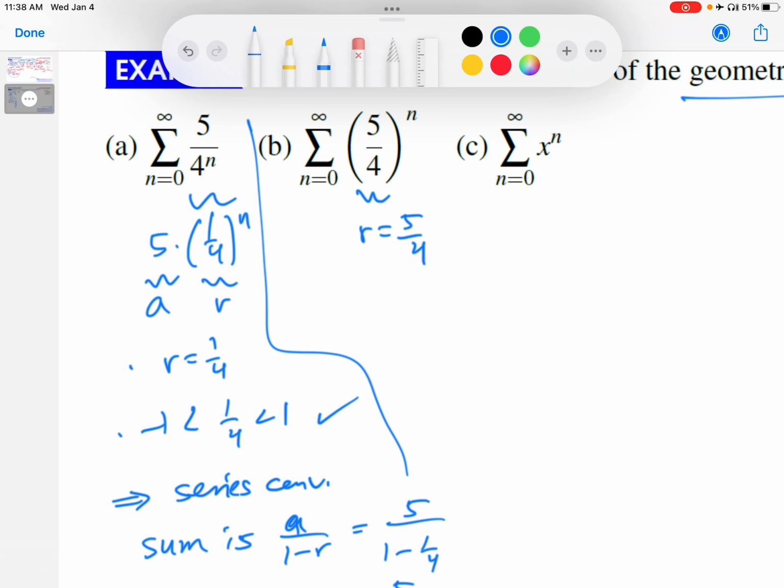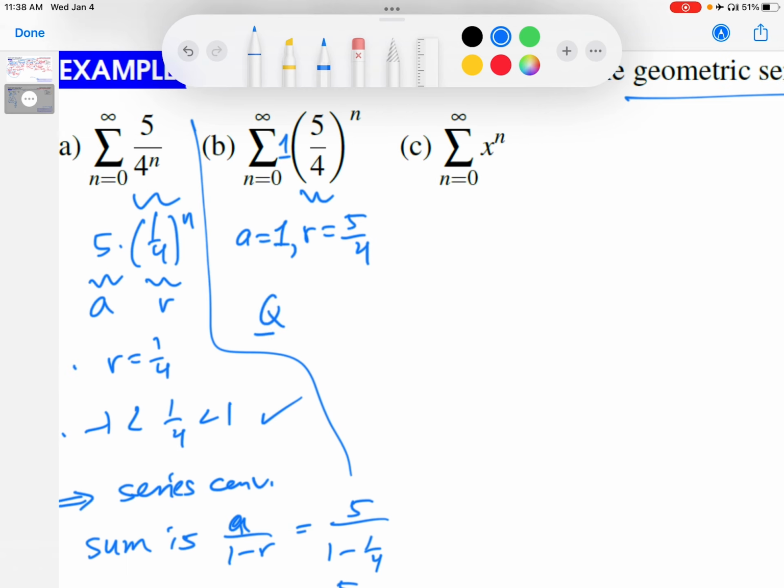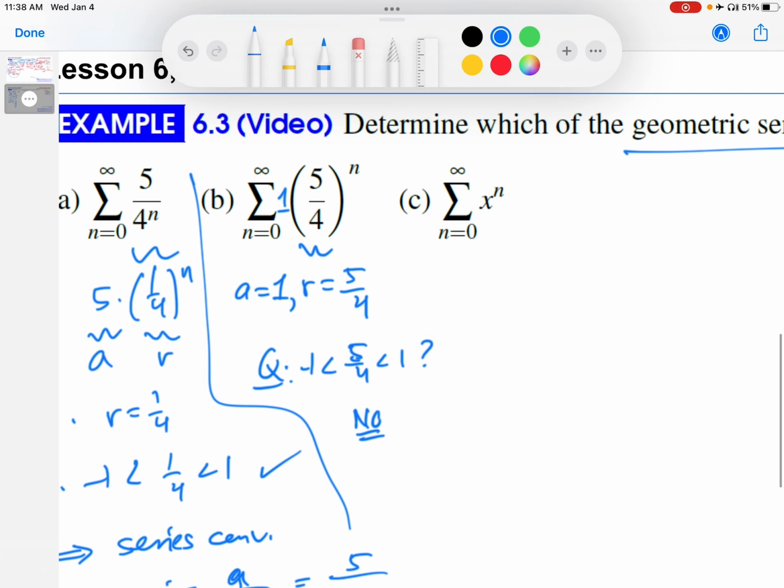And the A value, what is the A value? Well, it's kind of hidden. There's a 1 there. So A is 1, r is 5/4. Question, is 5/4 between -1 and 1? The answer is no. 5/4 is 1 1/4, which is 1.25, so that's bigger than 1. So this series diverges.